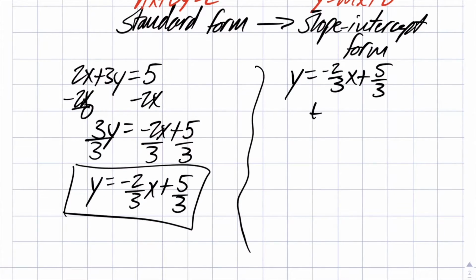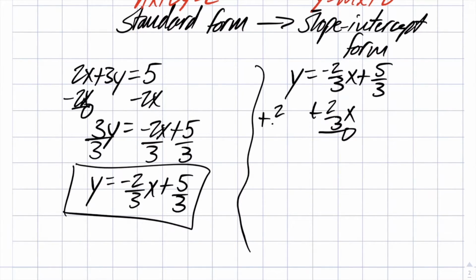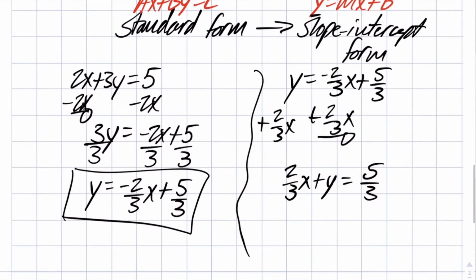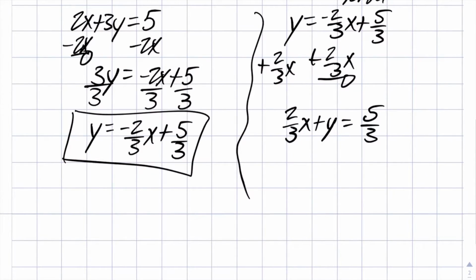Well, let's add 2/3 x to both sides. And you're going to have 2/3 x plus y equals 5 over 3. And let's go ahead and get rid of the fraction. Multiply by 3. Technically, you could have been done there, but I'm going to go one step further to show you guys something. These cancel. This 3 multiplies here and then multiplies here.